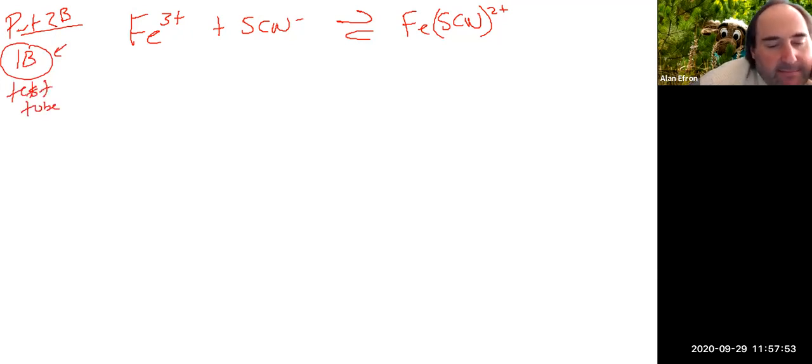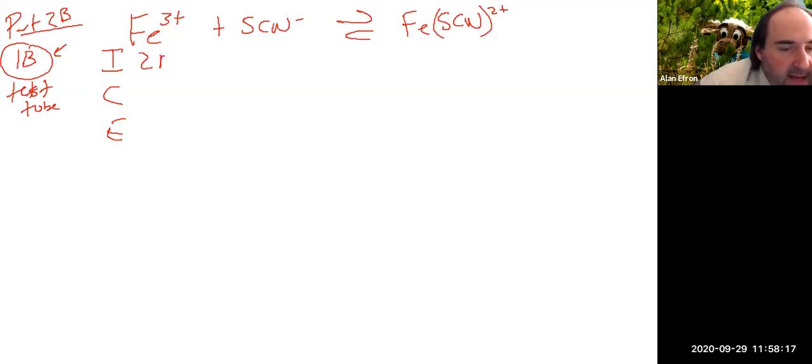You're going to need to make an ICE table for every single test tube that you have: 1B, 2B, 3B, 4B, 5B, 6B, 7B. For each of these test tubes, you will know the initial concentration of both the iron and the thiocyanate. I'm just going to make up the numbers; these are not the right numbers.